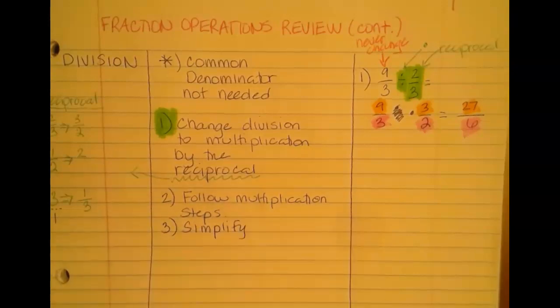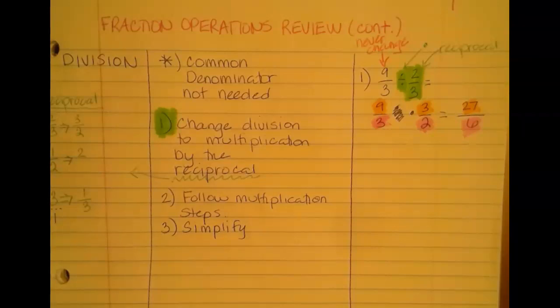Okay, so I can simplify 27 over 6 because I look at 6 because it's the lower number, and I say, what will go into 6? 2 will go into 6, but that's not going to go into 27. 3 will go into 6. Will 3 go into 27? Yeah, 3 times 9 is 27. 6 goes into 6. Will 6 go into 27? No. Since 6 won't, 3 would be the largest one that will go in.